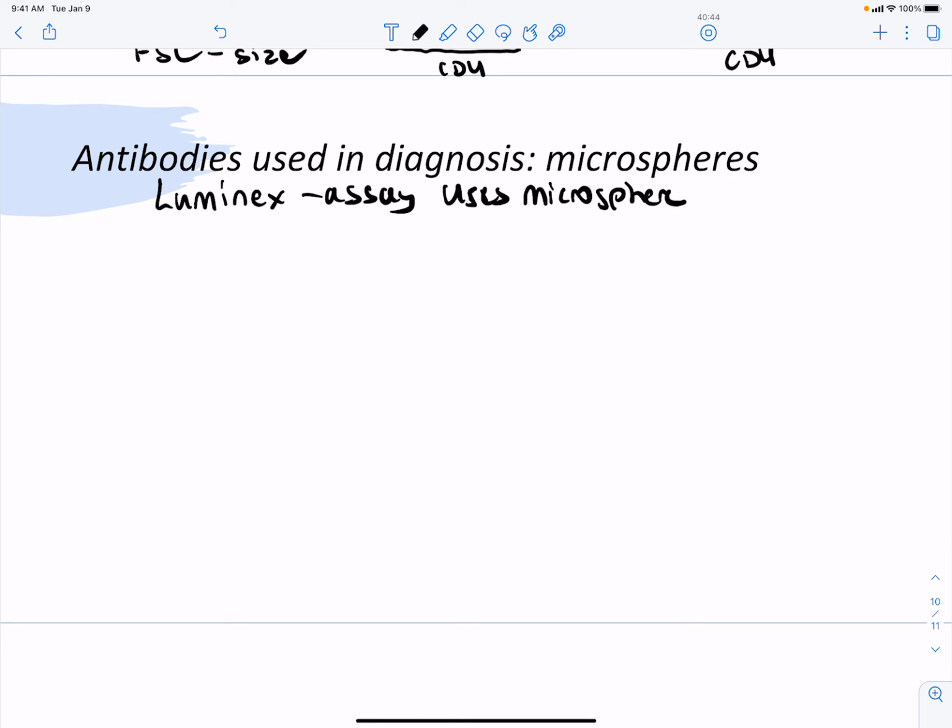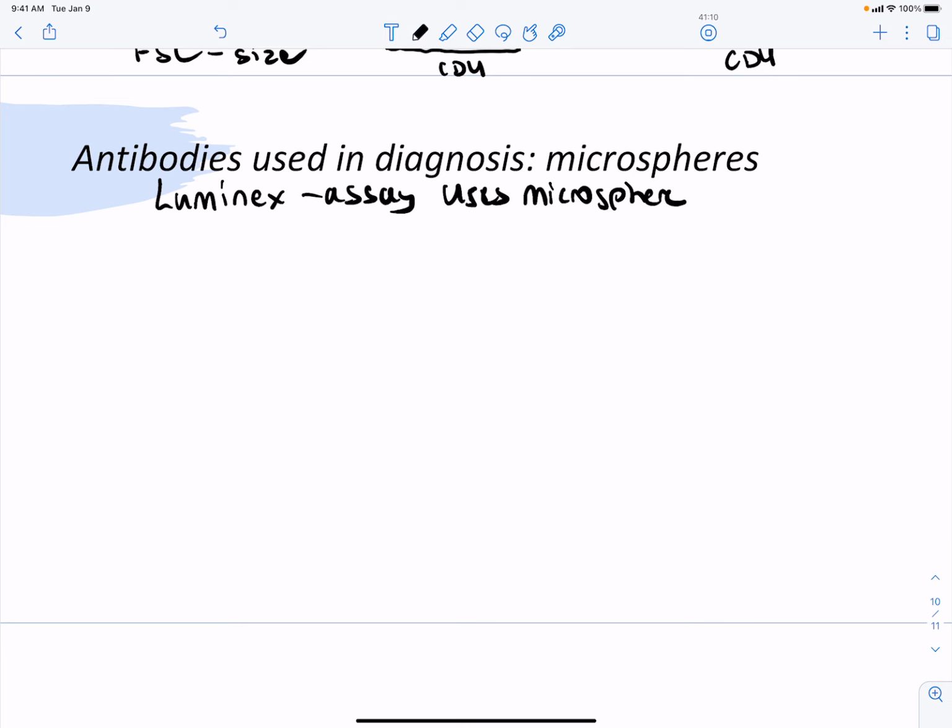Now, the technology is going to use ELISA and flow cytometry kind of together. And so you basically have polystyrene microspheres that are going to be color-coded with two different fluorescent dyes. And they can be identified using lasers similar to flow cytometry.